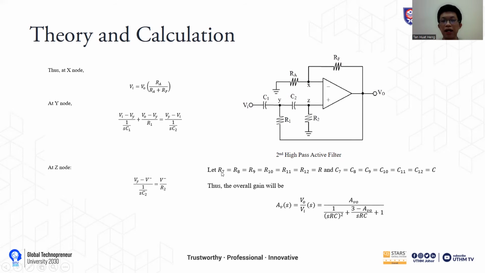So we let R7 until R12 equal to R, and capacitor 7 until capacitor 12 equal to C. So the overall gain will be AV equal to V out divided by V in equal to AV naught divided by 1 over (SRC) squared plus (3 minus AV naught) over SRC plus 1.